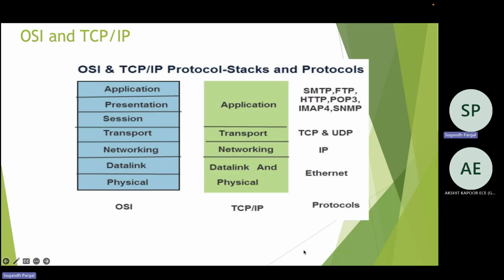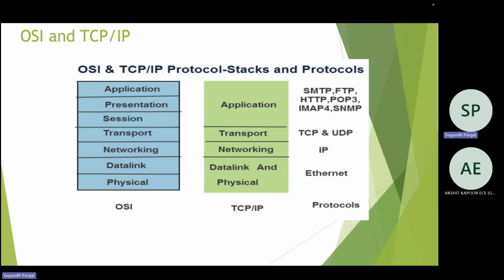So as we have seen, this is the OSI or TCP/IP protocol stack and the protocols which underlie these layers. For the data link layer and the physical layer, the protocol which is implemented is known as Ethernet. So we'll broadly discuss what Ethernet is, what the layers in that protocol are, and how they perform their functionalities.